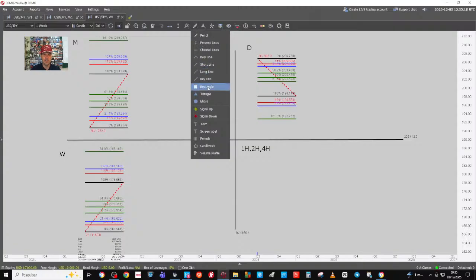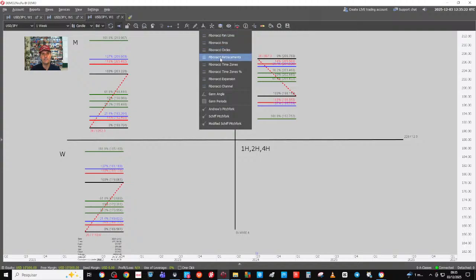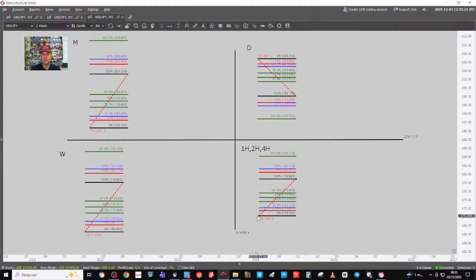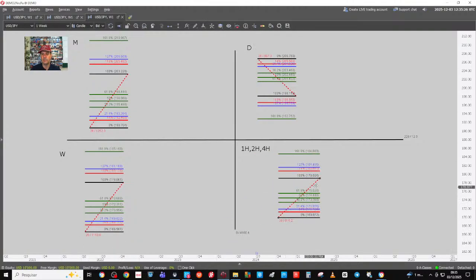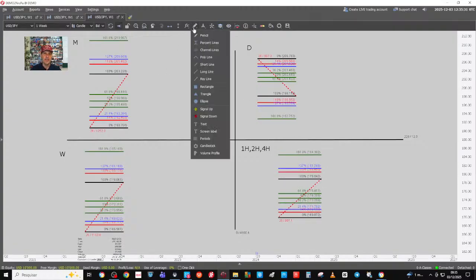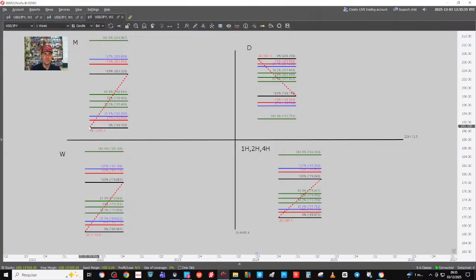And on the 1 hour, 2 hour, 4 hour chart, we're going to have the up Fibonacci, original one, alright, everybody? And on the monthly, it is going to be something like this. The weekly is going to be something like this, alright?